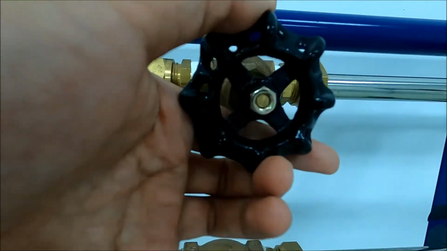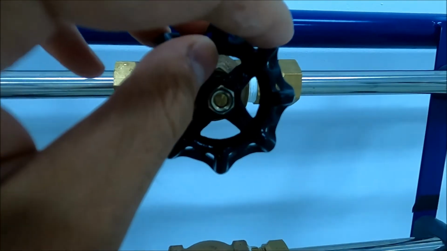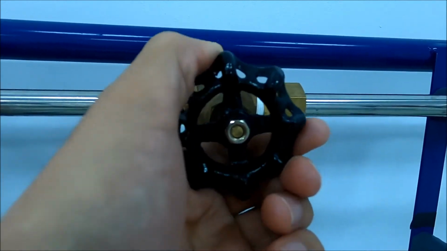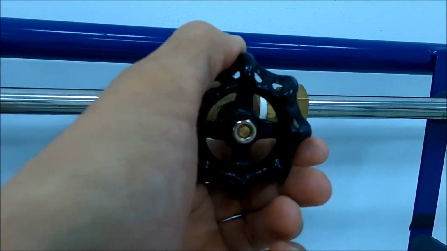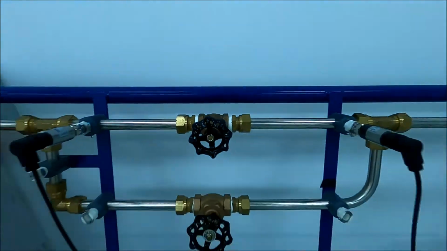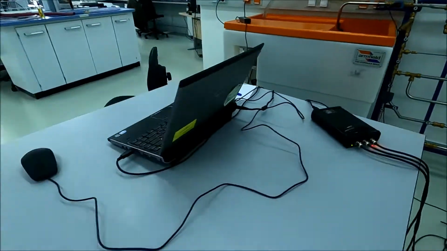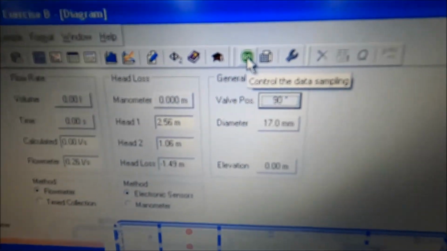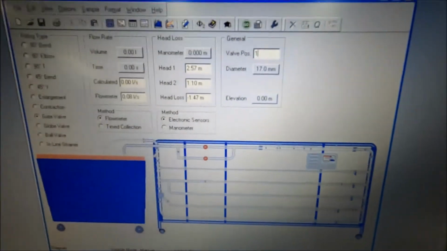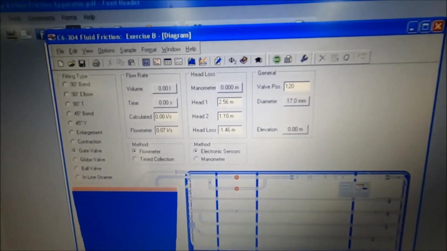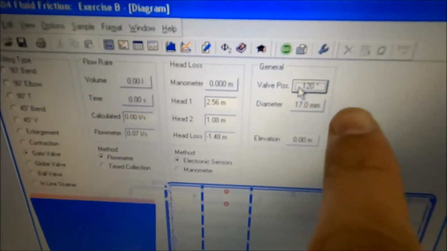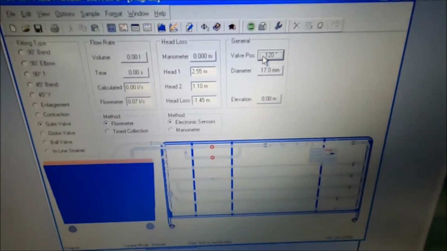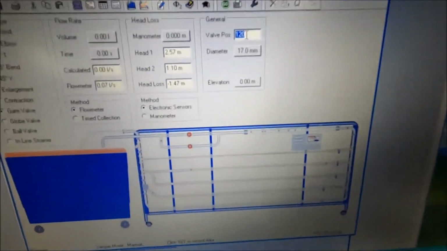So this should be brought to here. Take a reading. Let's change to 135. I changed the degree by 45, it's 135, not 120.